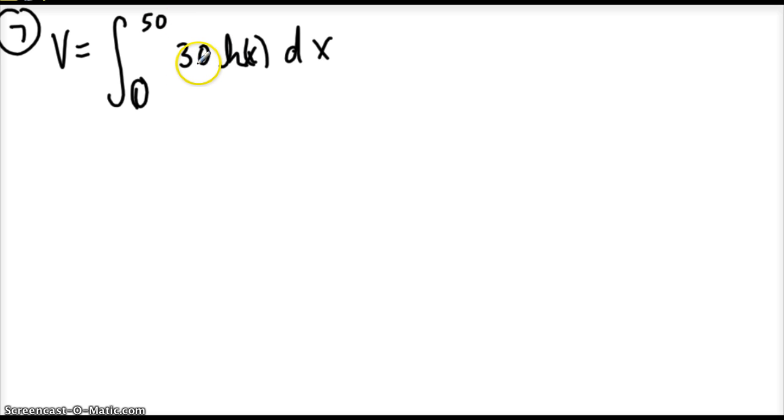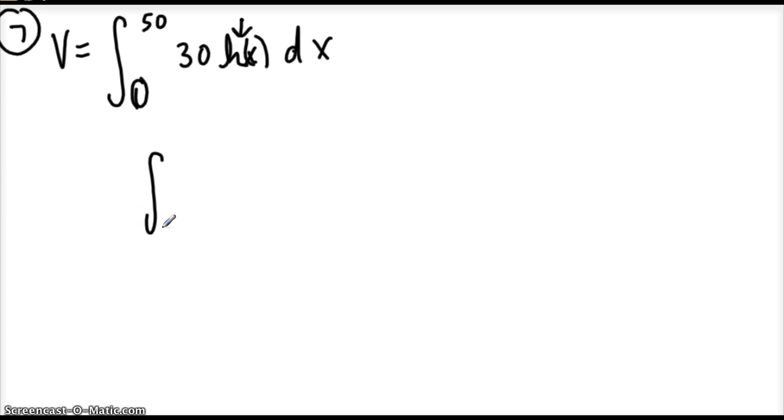It's 30 feet wide. So those two things are going to stay standard. It's 50 feet long and 30 feet wide. But the h of x, which is the height or the depth of the water, is changing as I go across the pool. So what it wants you to do is actually estimate the volume. You're going to do that the same exact way.